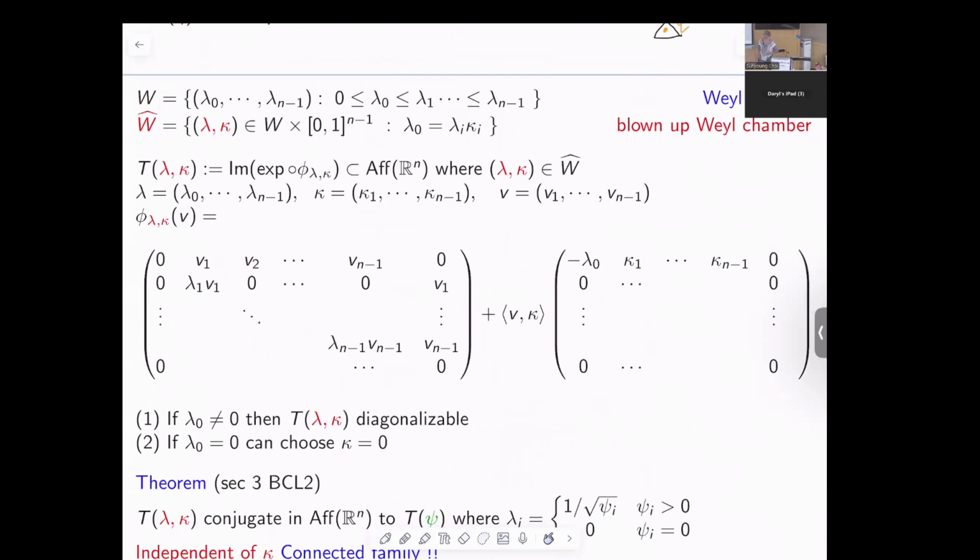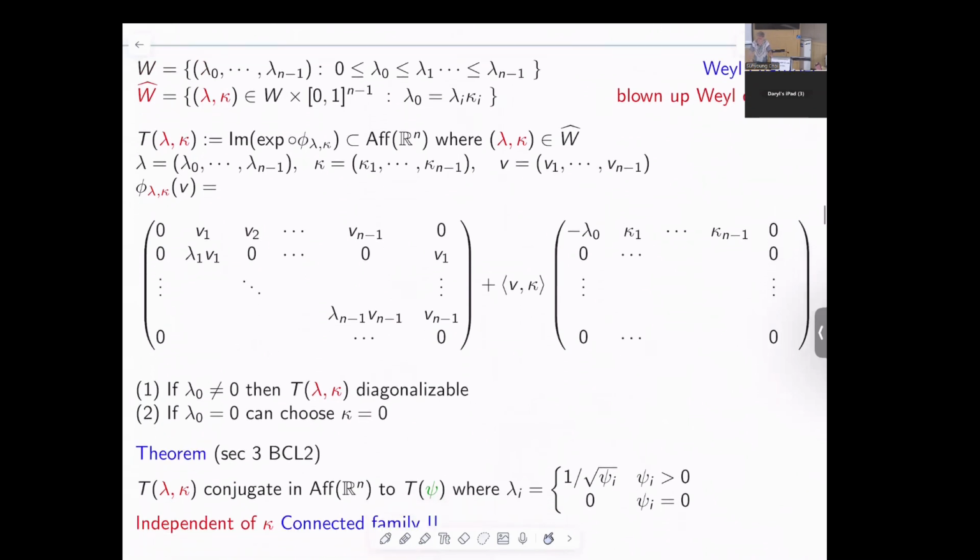So there is a finite number of types of translation groups. I want to give you an abstract argument that something like this has to happen. The argument is the following.